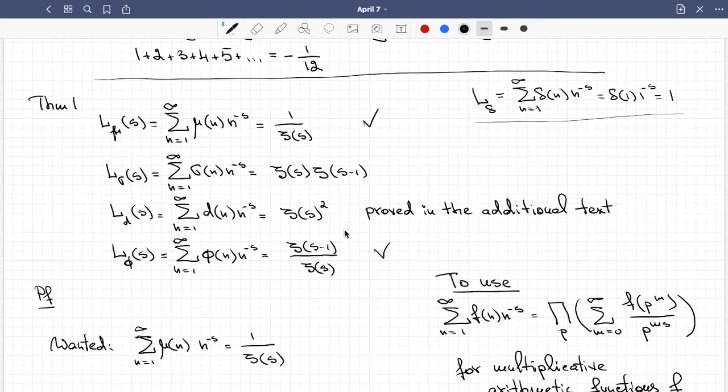There are arithmetic functions which are multiplicative and which have Dirichlet functions quite different from combinations related to Riemann zeta.